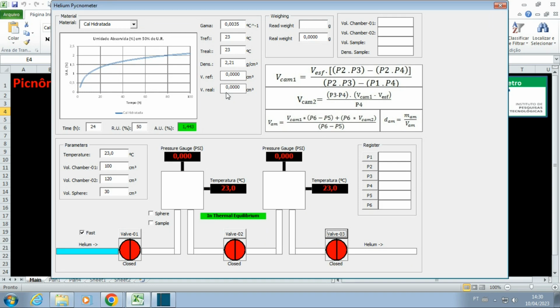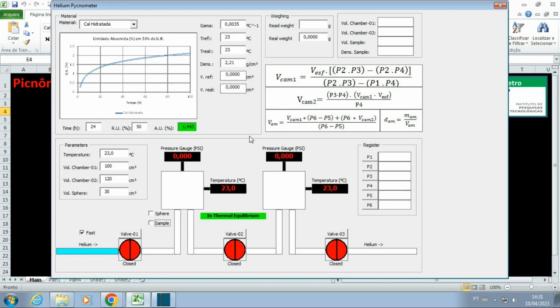The first, determination of the volume relation between chambers 1 and 2. The second, determination of the chambers' volume with the aid of a standard sphere. And the third, the determination of the actual volume of the sample to determine the density.